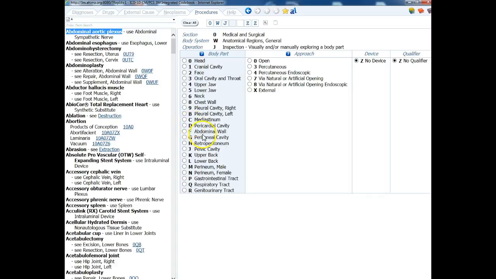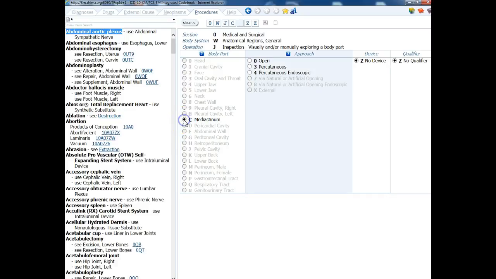And then it's the mediastinum, so we choose C for mediastinum. Then our approach is open and there's no device and no qualifier. So our code is 0WJC0ZZ.